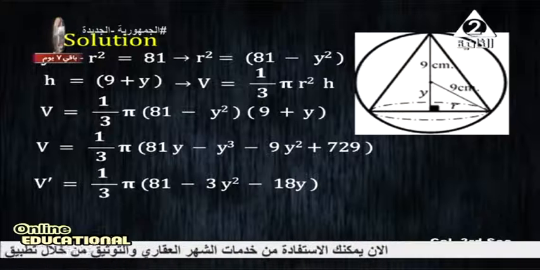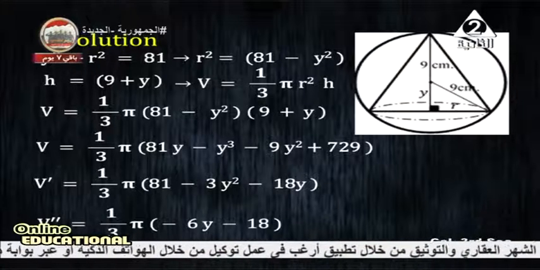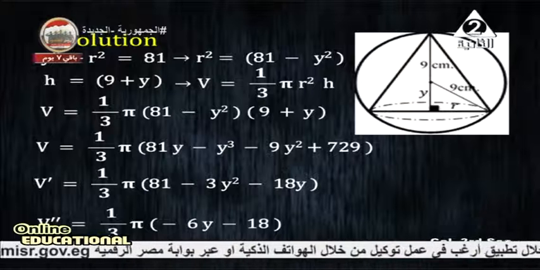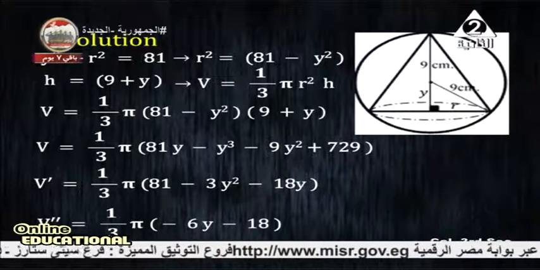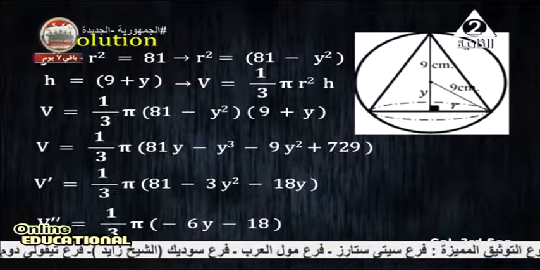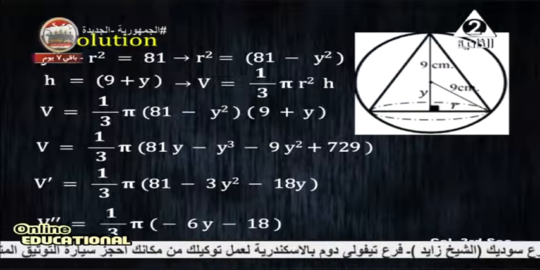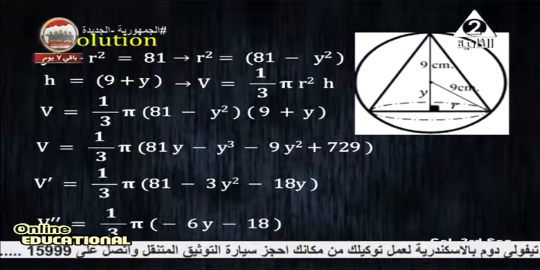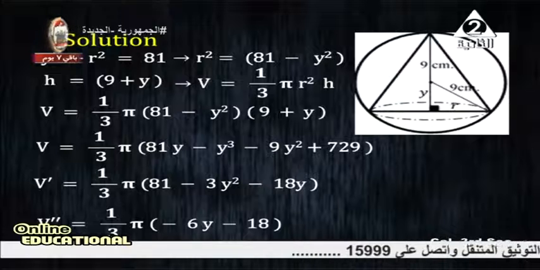Now the second derivative V double dash equals one third pi multiplied by the derivative of the expression between the two brackets, which is: the derivative of 81 equals 0, and the derivative of negative 3y to the power 2 is negative 6y, and the derivative of negative 18y is negative 18.